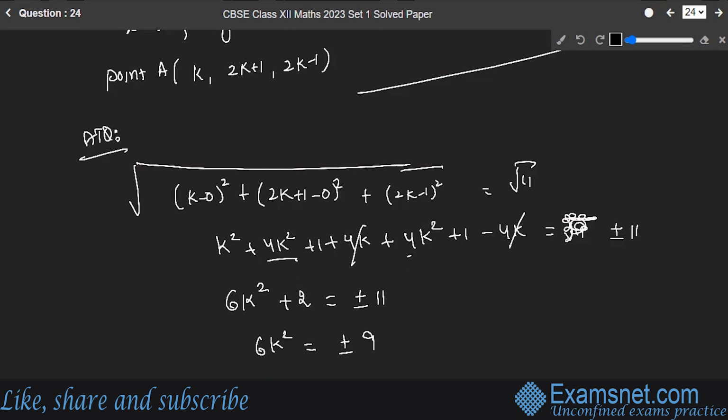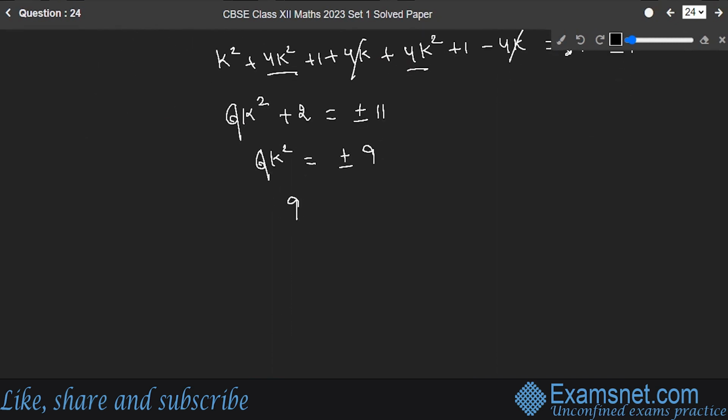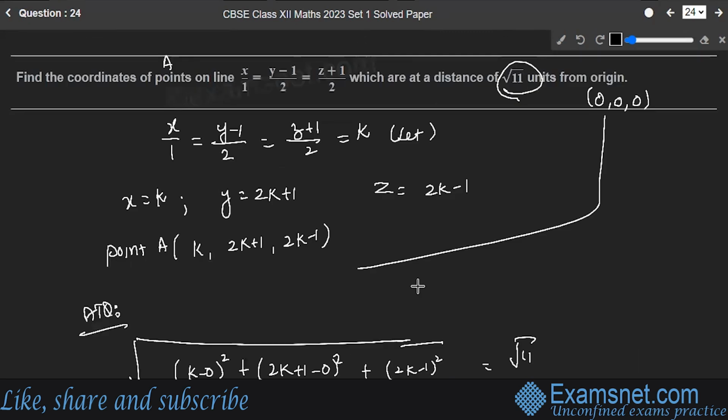Sorry, this is 4 plus 1. This is 9k square. Okay, I'll write 9k square is equal to 9, which gives you k square is equal to 1, or k is going to have the value plus minus 1. So you need to find the coordinates of the point.